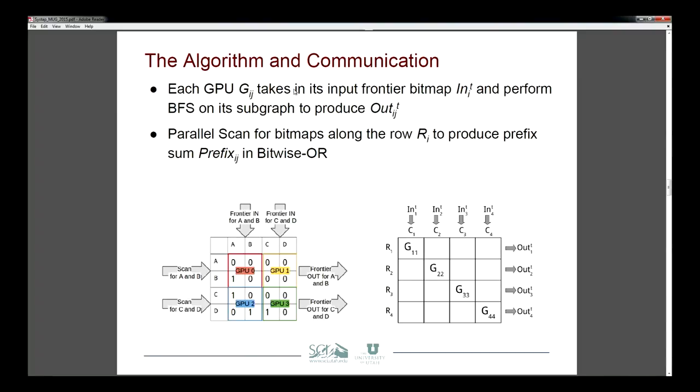So our communication pattern works by doing a tree-based propagation across the column and then broadcast back across the row.